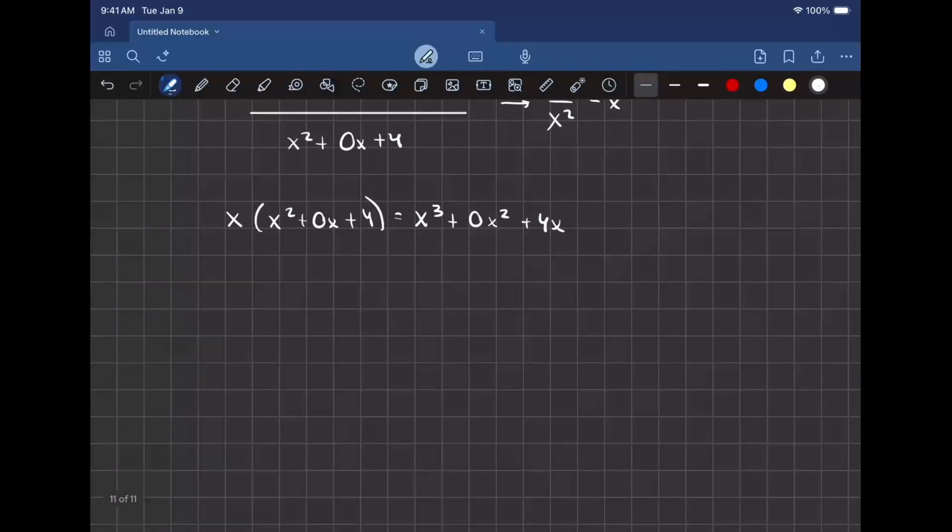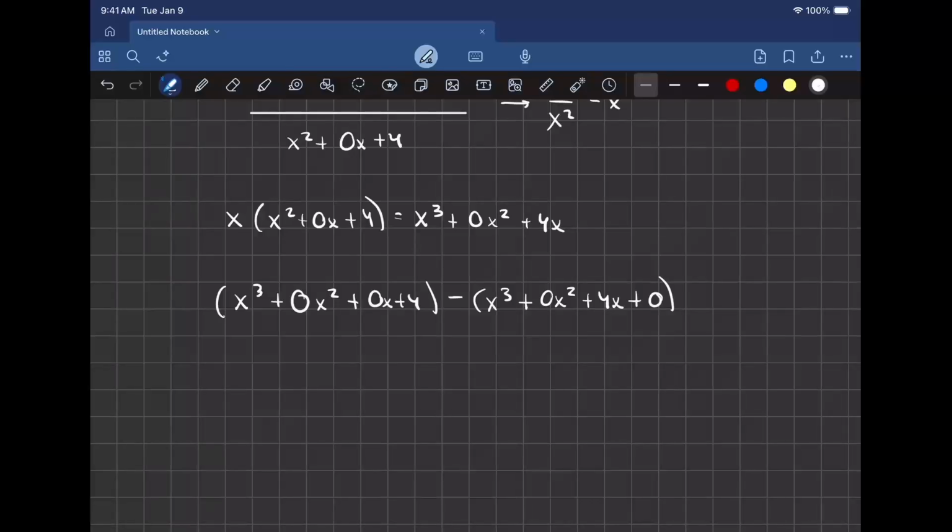And then we'll subtract from the current dividend. So we'll have x cubed plus 0x squared plus 0x plus 4 minus x cubed plus 0x squared plus 4x plus 0, we can write. So what do we get here? Negative 4x and then just a 4.